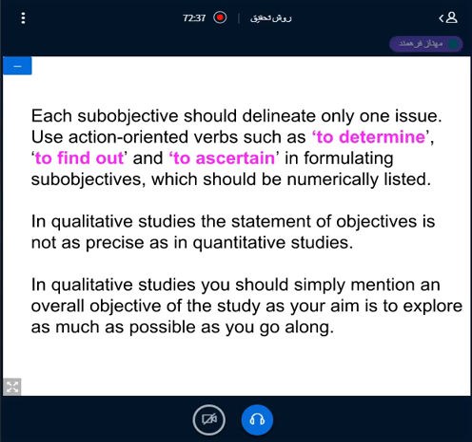In qualitative studies, you should simply mention an overall objective of the study, as your aim is to explore as much as possible. So in qualitative studies, we must state an overall objective of the study, and that's very important.